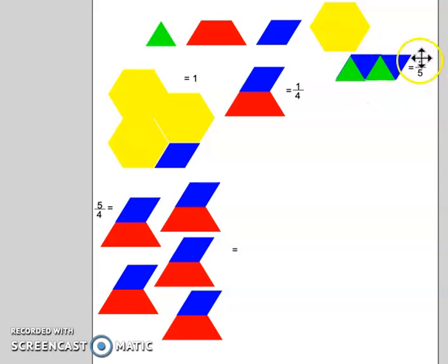So therefore our fifth can be divided into 4 triangles. Likewise, our fourth is 1 trapezoid, which is the same as 3 triangles, and then 2 triangles, 5 triangles total, or a trapezoid and a rhombus.